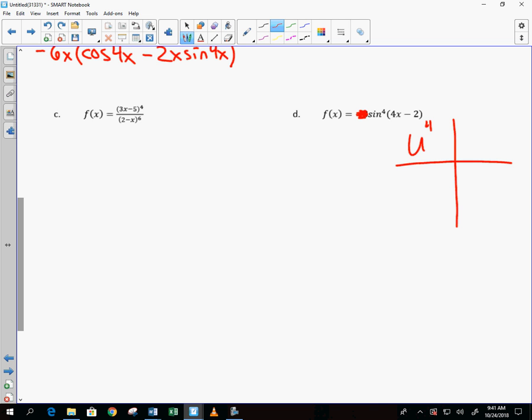What's the inside? Not 4x minus 2, but sine of 4x minus 2. Now, see how I got rid of that -8? We've got to put that -8 back here. It can't just be gone forever. I just got rid of it so we could understand the problem better.